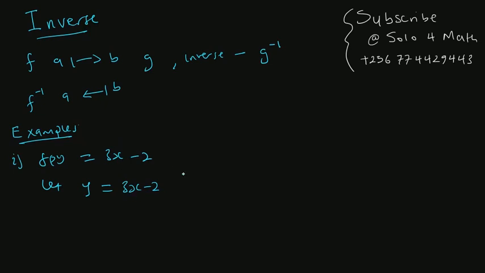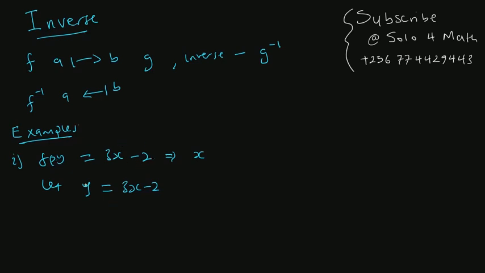So what this actually means is that when we get the values of x and we substitute them in the function, it gives us this. So this is like the image of x. We need that function that takes us back from this image back to x.